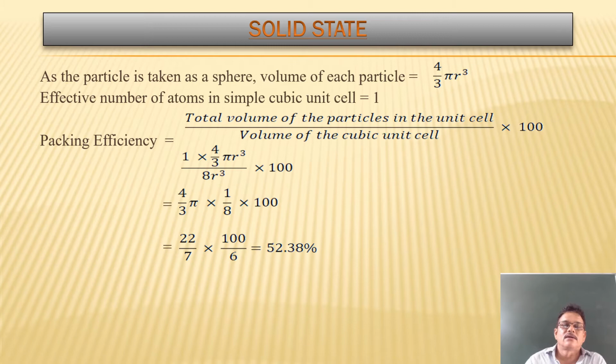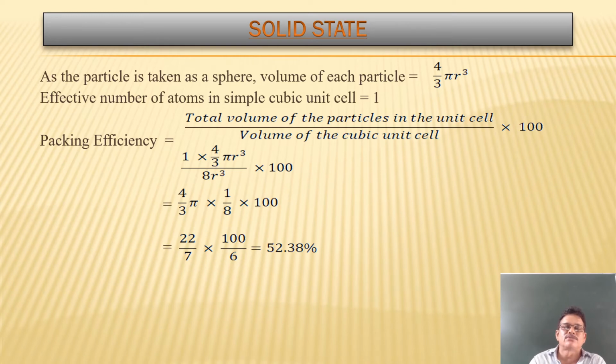That is equal to 4 by 3 pi into 1 by 8 into 100, r cube cancels out, or that is equal to 22 by 7 into 100 by 6.